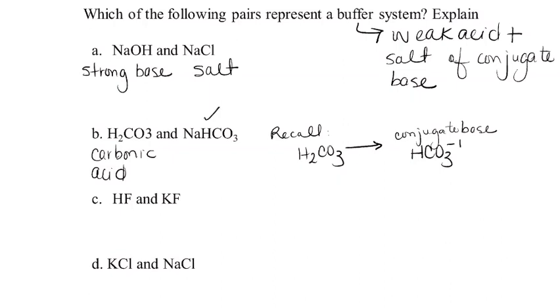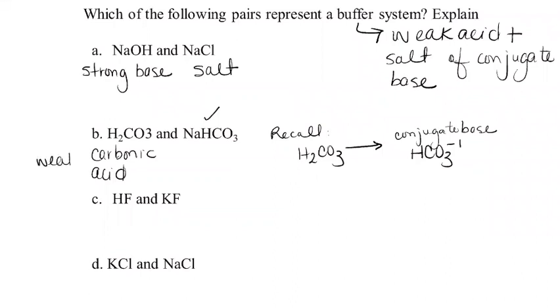I agree with that. Now, we need to find out, is carbonic acid a weak or strong acid? What do you guys think? Carbonic acid, is that strong or weak? Great.